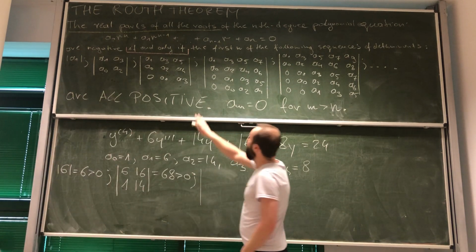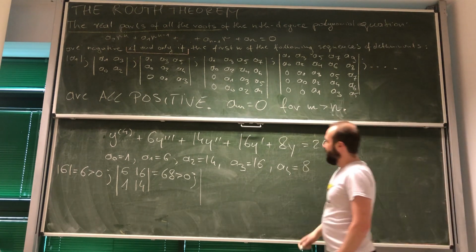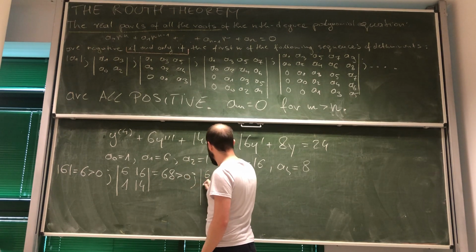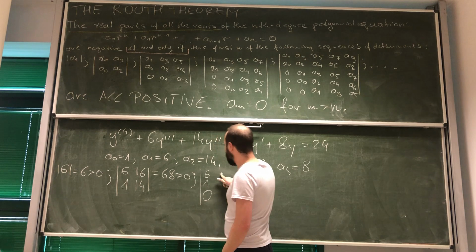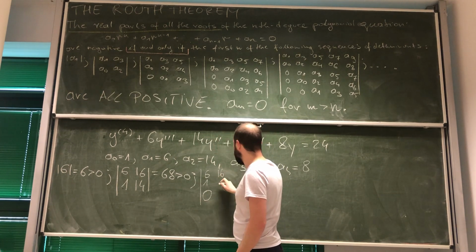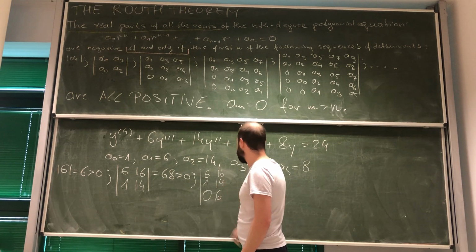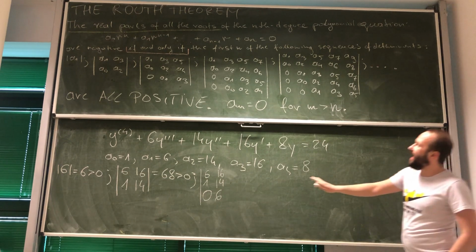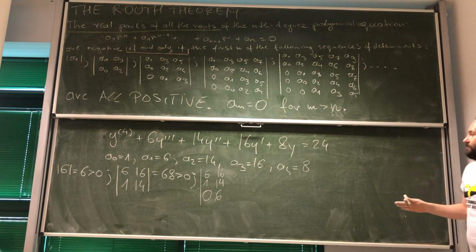Okay, then we need to do the third determinant. So we start with A1, which is 6. We go to A0, which is 1. And then we have just 0. Now we go to A3, which is 16, A2, which is 14, A1, which is 6. Now we should have A5, but we do not have A5.